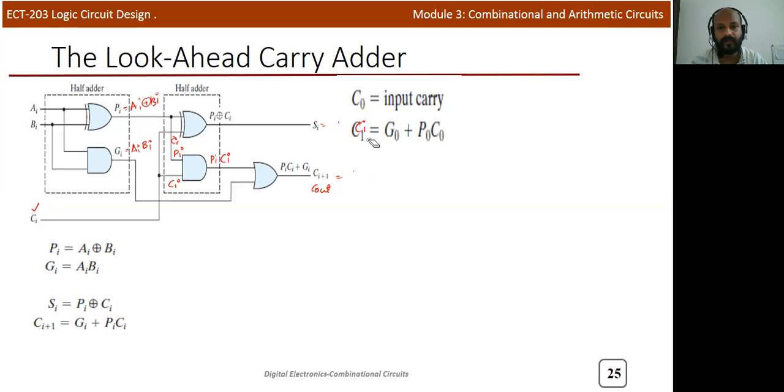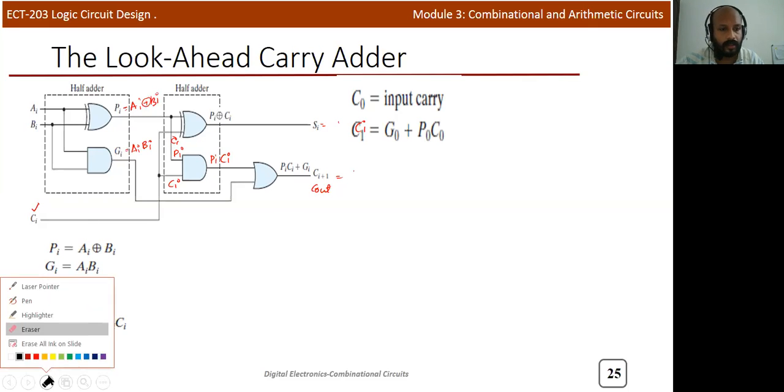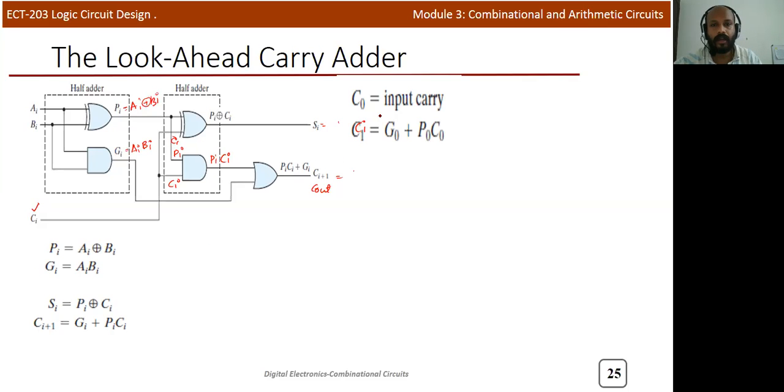So we can write the carry of each stage. Here the carry in of the first stage is C0. If you take any parallel adder, the first carry in is equal to C0. That is the input carry, so we will get it from the input side. Now we can write the carry out, or C1, of the first stage.